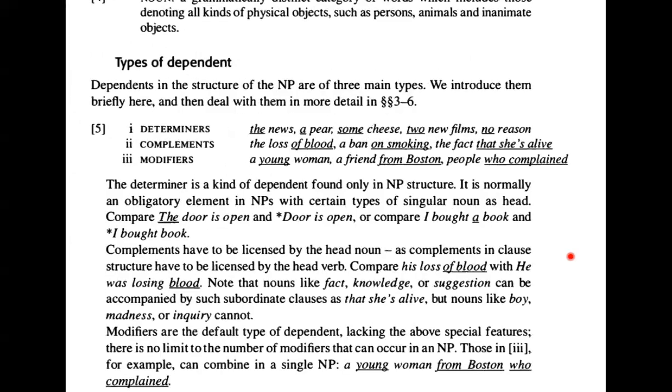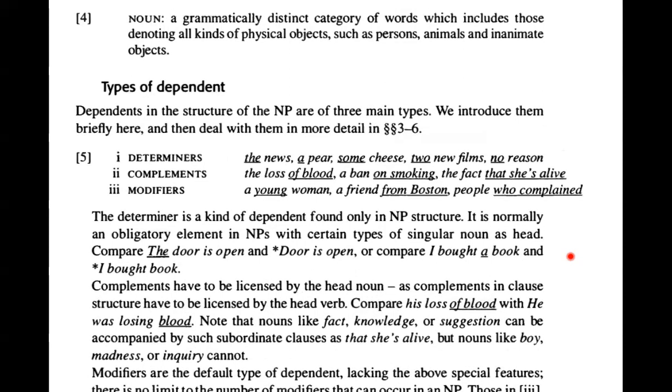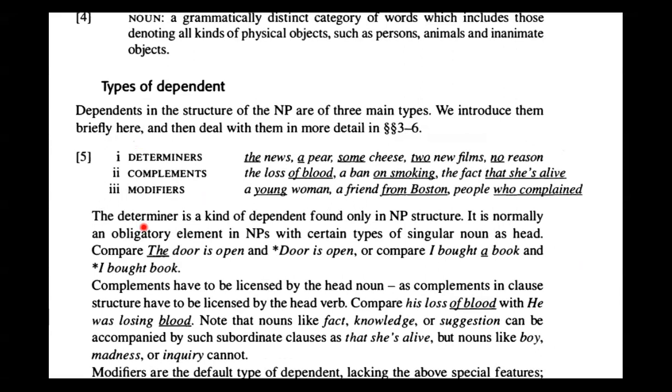Here is the same point. In the previous passage they mentioned the categories, but here they are demonstrating the function of them. So the types of dependents can be determinators, complements, modifiers. Let's start with determinators: the news, some cheese, two new films, no reason.